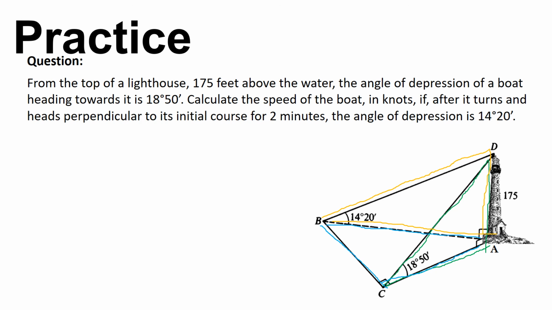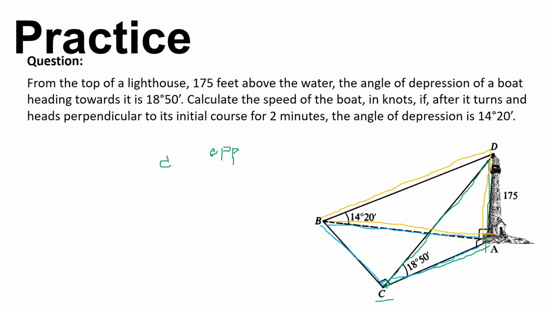So we have an angle C, as notated in the drawing, and an opposite side, which is 175 feet in length. Which of the 6 trigonometric functions can you use if you are given an angle and an opposite side?